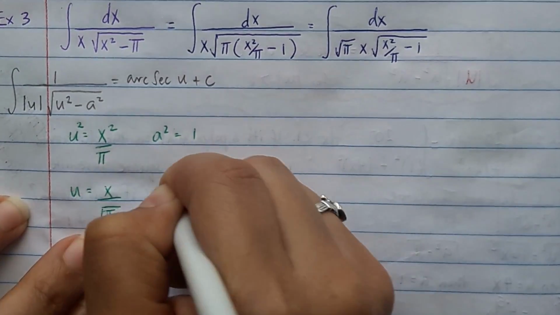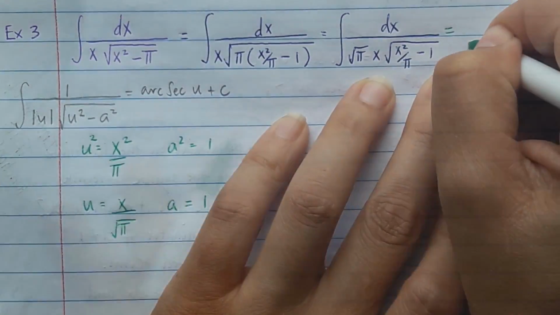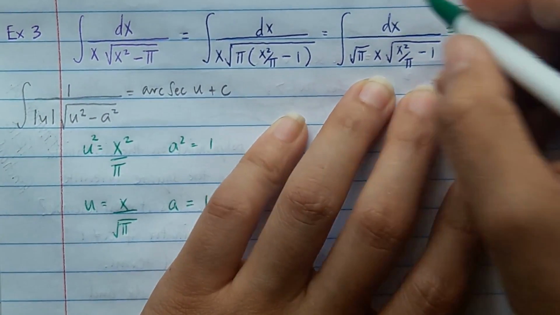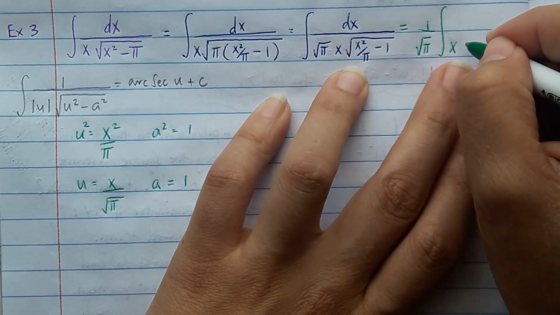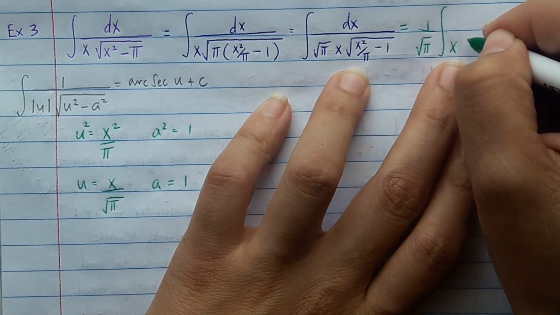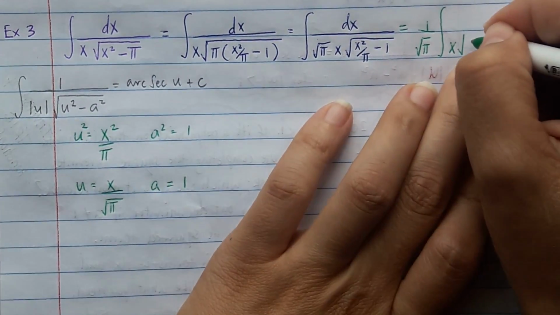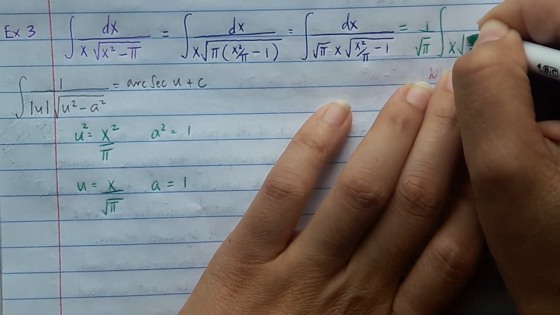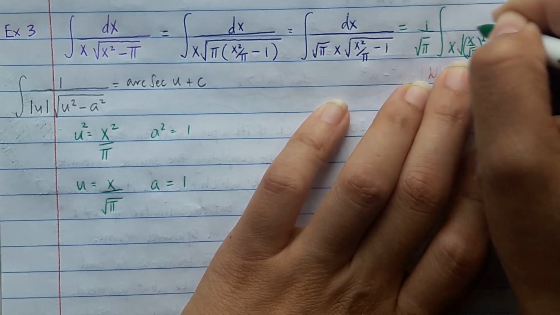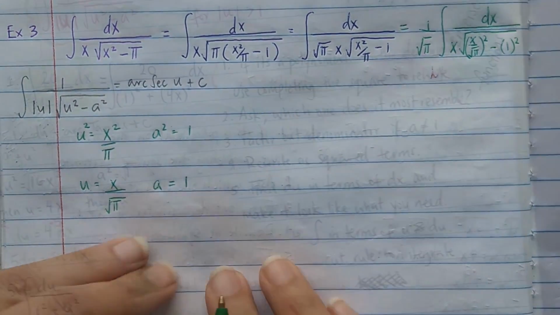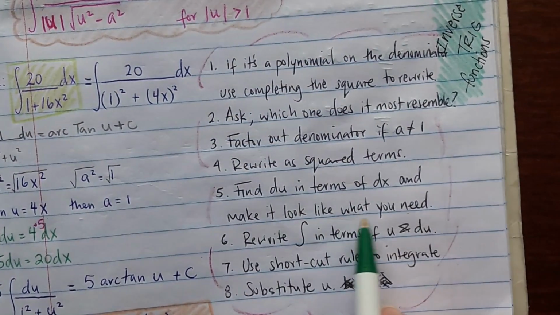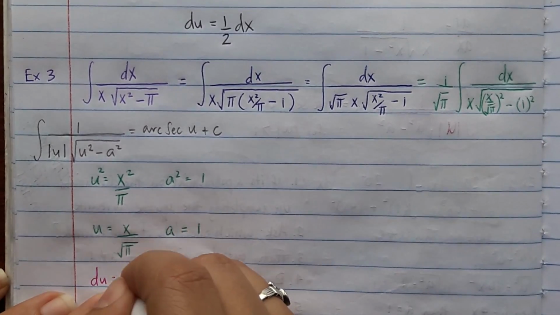And then a squared is equal to 1, and that means rewrite it in squared terms. So it's going to be 1 over the square root of pi outside, and then x, and then the square root of u squared, which is x over radical pi squared, minus a squared, which is 1 squared, and dx on top. Then find du and make it look like what you need in terms of dx.